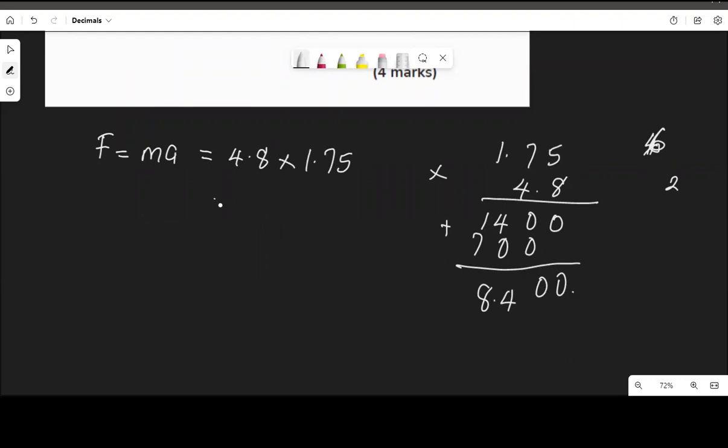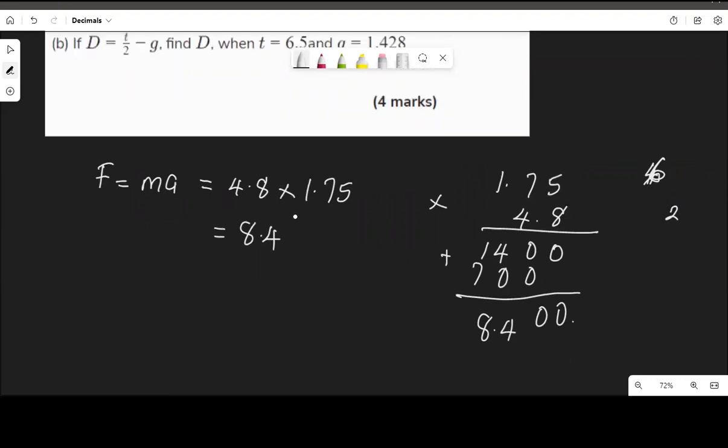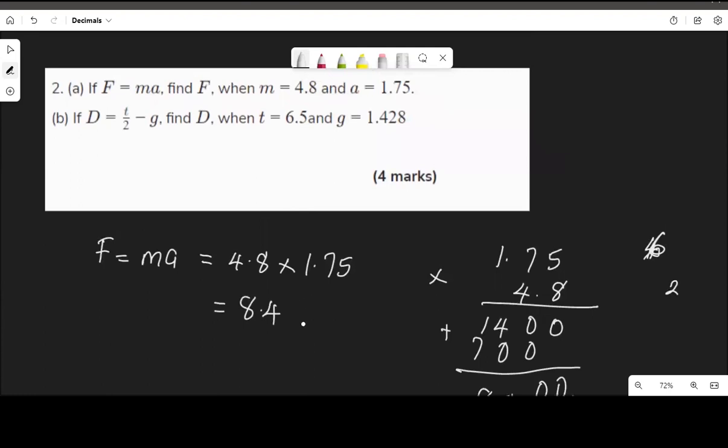So our answer is 8.4. Remember, 8 or 0 after the decimal point are not significant. So our answer is 8.4. And if we must write the unit, force is in Newton, but since it's not stated here, let's leave it as 8.4.